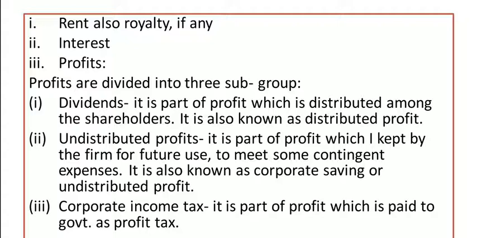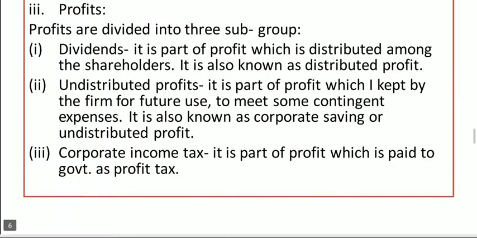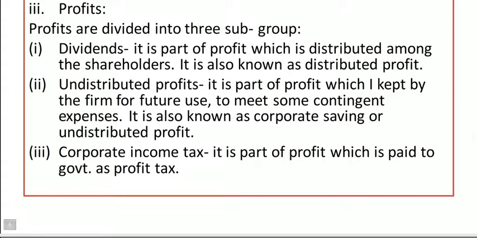It is the part of profit which is kept by the firm for future use to meet some contingent expenses. It is also known as corporate saving or undistributed profit. Then corporate income tax. It is the part of profit which is paid to the government as profit tax.